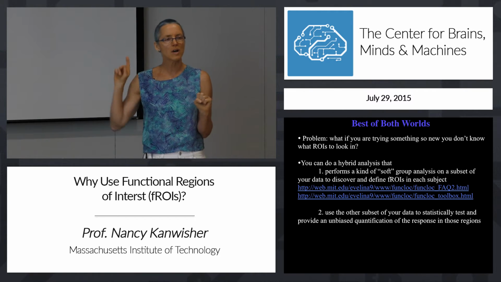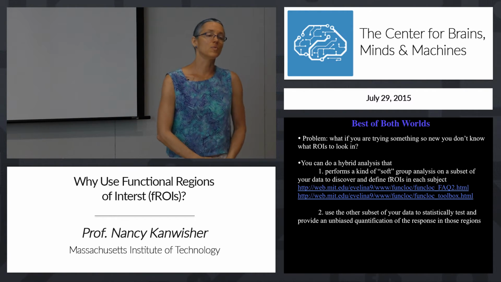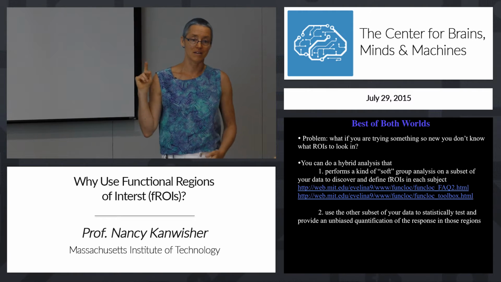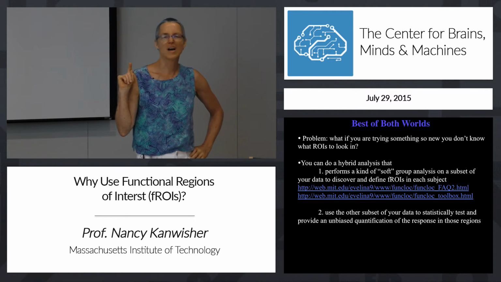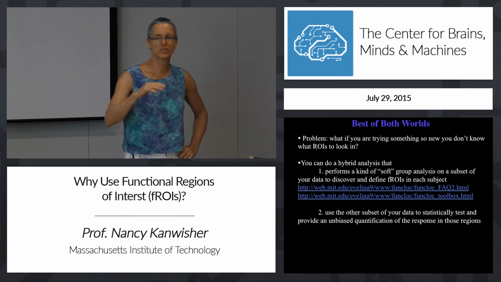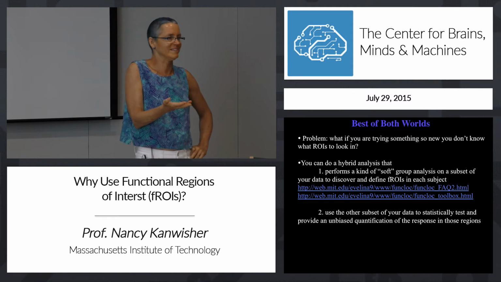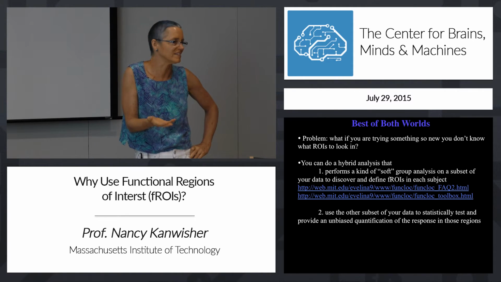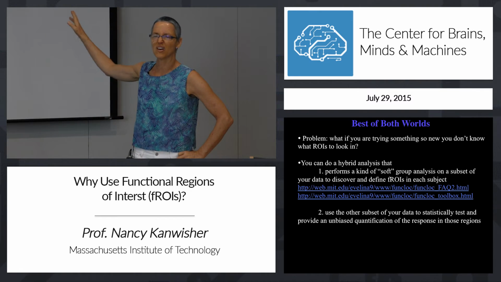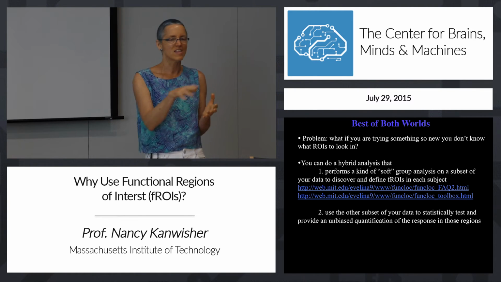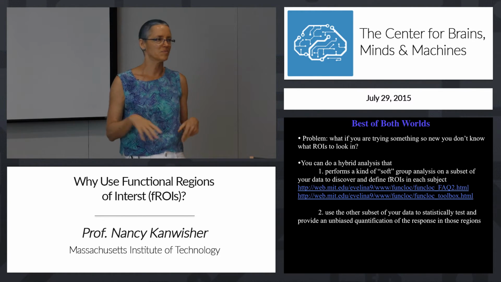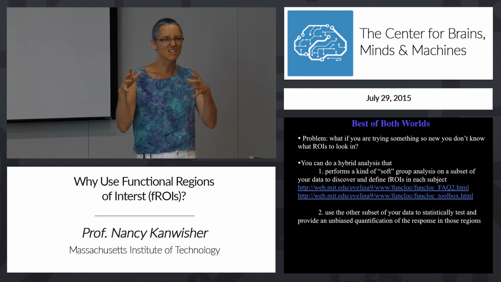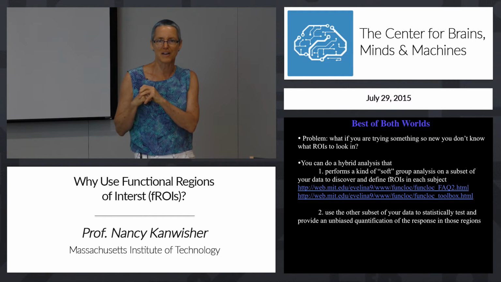So even when I described before that we couldn't find the face area in our group analysis, well, if we had really dropped the threshold or cheated in a variety of ways, of course we would see it. It wouldn't reach significance, but you could see it in various ways. Okay, so that's why I mean soft. You can do various versions of this that blur your data, lower your p-level threshold, do various things to discover a zone where you might find stuff.